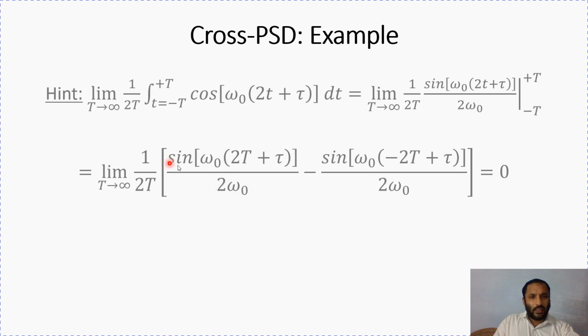Now look at the numerator, the sine of some function. The sine function is bounded between minus 1 and 1 for any value of tau. For any value of tau between minus infinity and plus infinity, the sine is a bounded function.